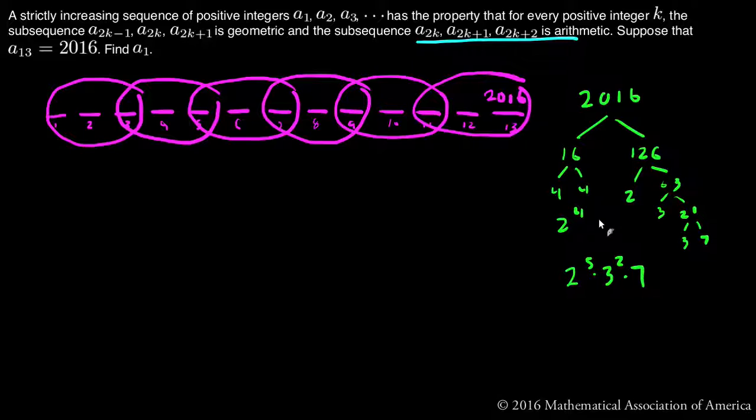And I want to have the smallest positive common ratio greater than 1 I can get. So what I can do is if I'm working backwards, I can divide this by something. I have to do it twice because of the geometric sequence.